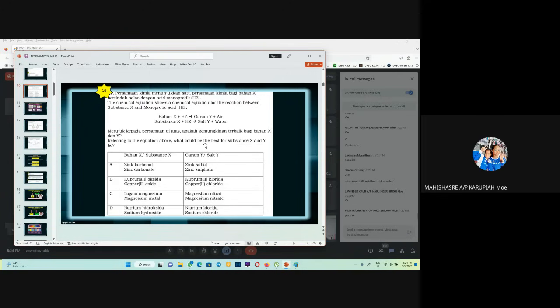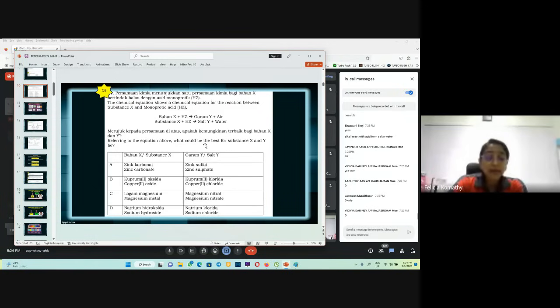D. Yes, the best answer. For your paper 1, you have to be very careful. Even if they give you 4 options for the answers, maybe 2 look about correct, but you have to choose the best one. The best one here will be sodium hydroxide in reaction with the acid, because acid and alkali will form salt and water. And why we didn't choose copper 2 oxide?